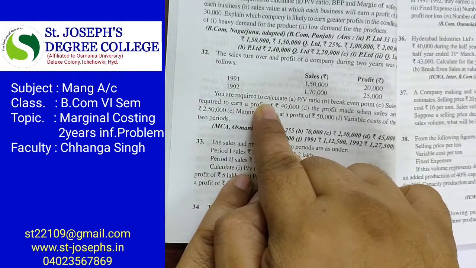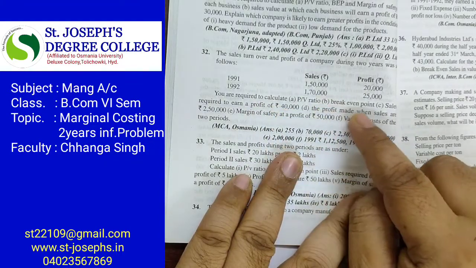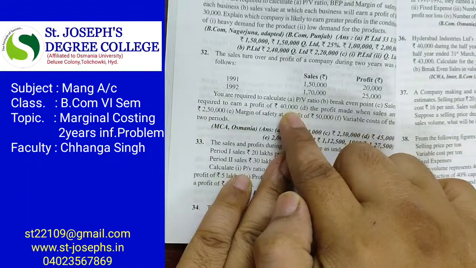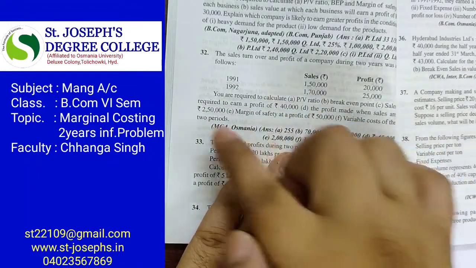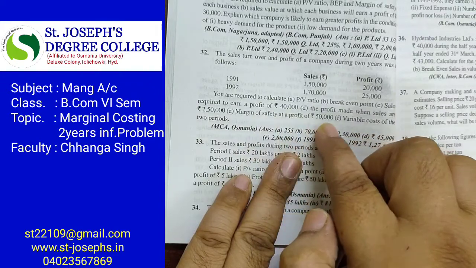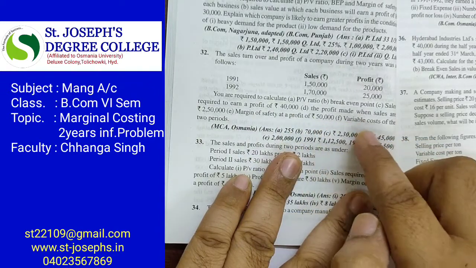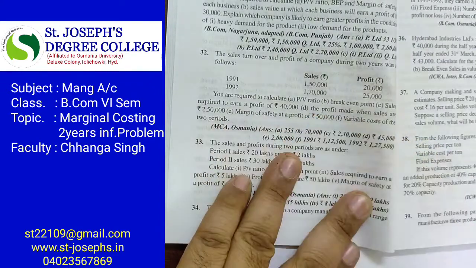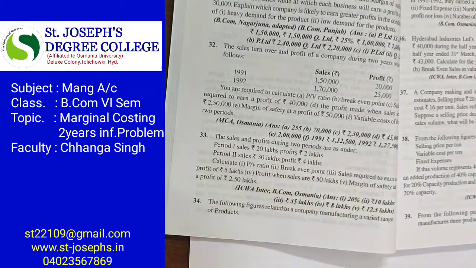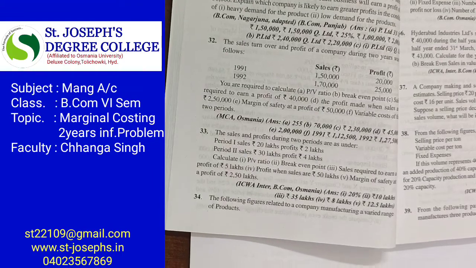You are required to calculate PV ratio, BEP, sales required to earn a profit of 40,000, profit made when sales are 2,50,000, margin of safety at a profit of 50,000, and variable cost of the two different periods. This is your problem. Let's see how I solve it.